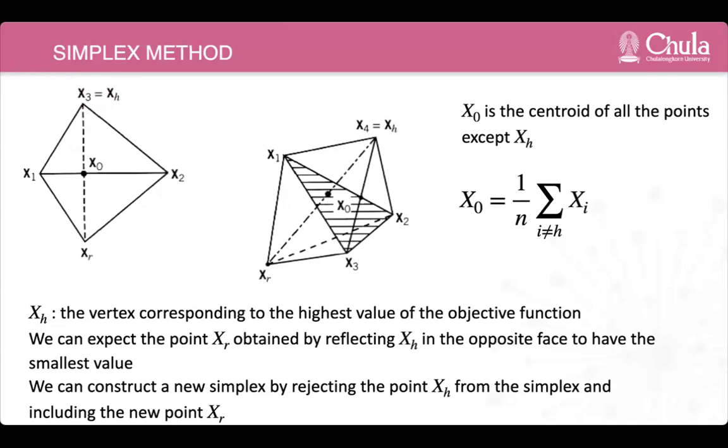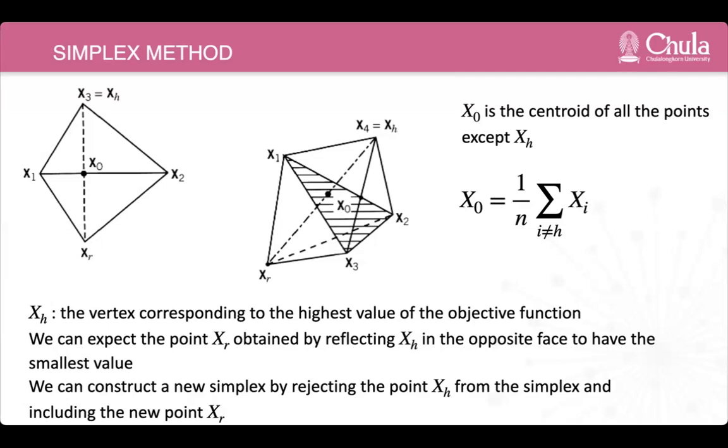The next one is the simplex method. For simplex methods, you find the direction from the centroid: the vector from the worst point, the point having the worst value of the objective function, to the centroid.